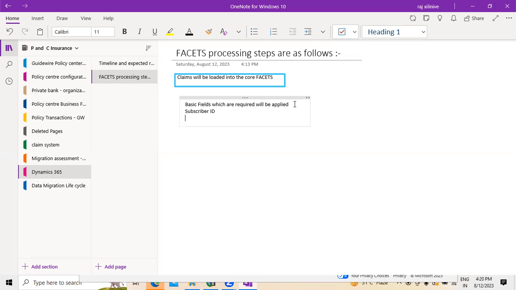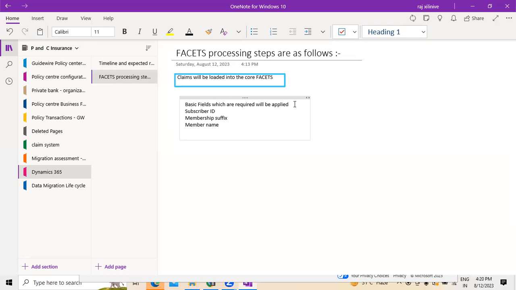At the same time, membership suffix followed by the name of the member. Member name should also be mentioned, right? So these are the basic fields, the subscriber ID, membership suffix followed by the member name, which have to be updated in the form.